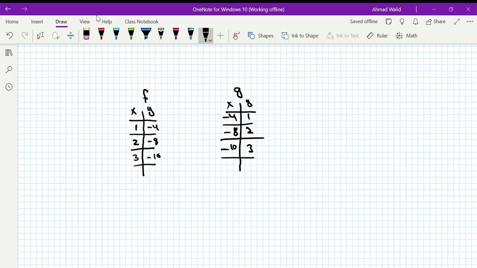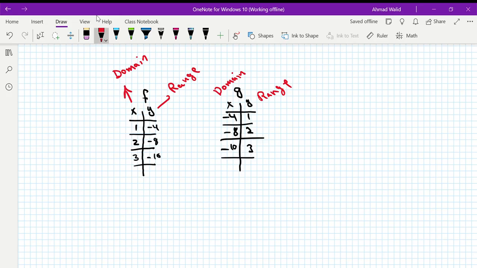I call these types of functions inverse. What does it mean? Look, for the function f, x is the domain, y is the range, right? What do you see on g? Actually, the domain of g is the range of f, and the range of g is the same as the domain of f.